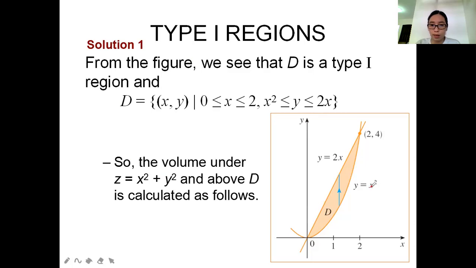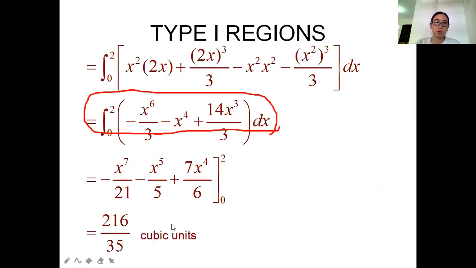So instead of y is equal to x squared, we get x is equal to the square root of y, and in terms of x, we have 1/2 y. I hope you are not confused by this.